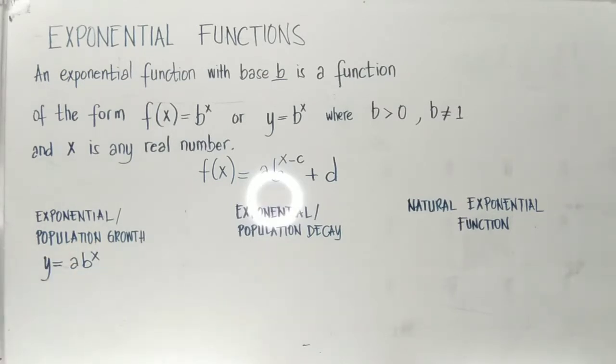Let us use the form y equals a b raised to x. In application to population growth, you can find in your books such a form as y equals a times the quantity of 1 plus r raised to x.